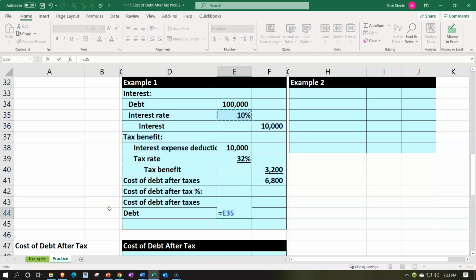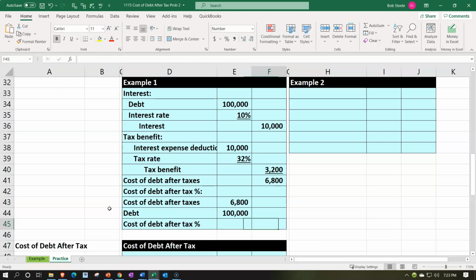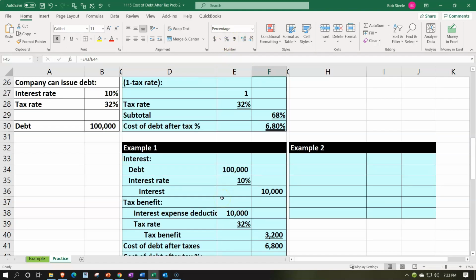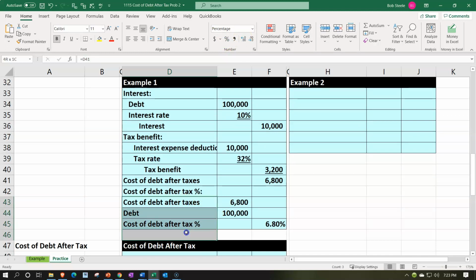The 100,000, and this is going to give us the cost of debt after tax percent. Putting that in the outer column, that's going to be the 6,800 divided by the 100,000. Percentify, add a decimal or two. So there we go. Let's make this an indentation. Go into the alignment, indent, and indent this one again.